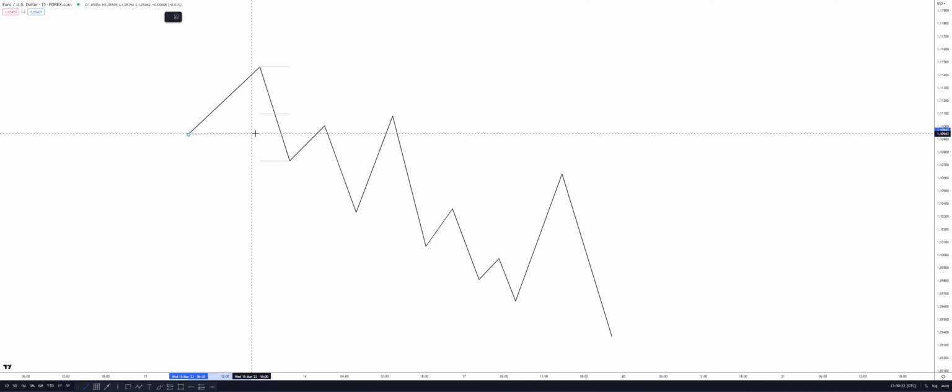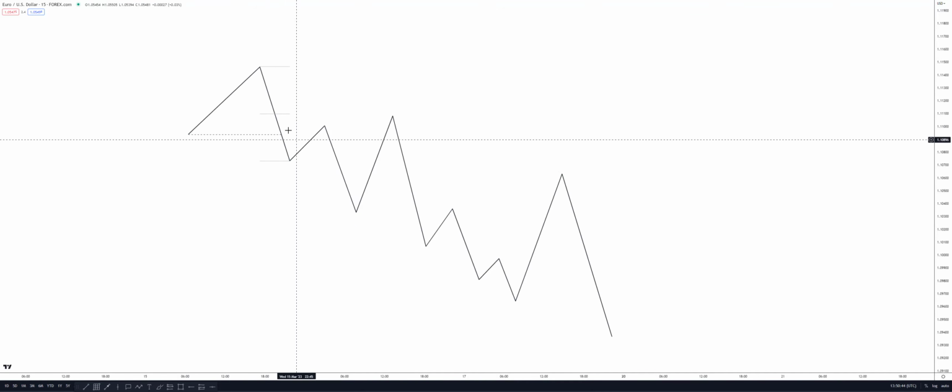If we look at this, we'll see that we have, as I say, our first breaker structure. At this point it could be any kind of breaker structure. It doesn't really matter to me. We're following the price from this point onwards. But let's just say this is a major breaker structure. Now what we're looking for is a pullback. We expect a pullback at some point after a breaker structure.